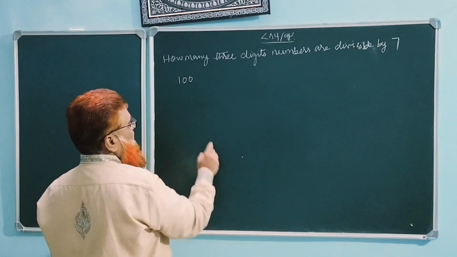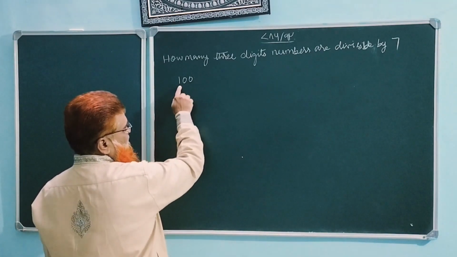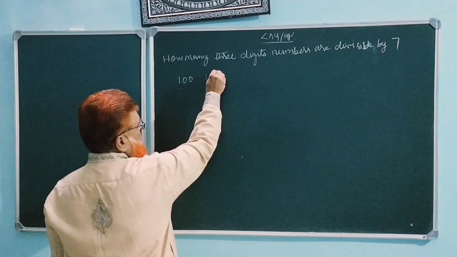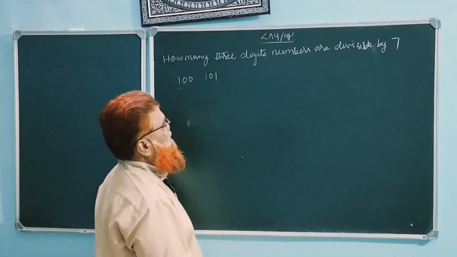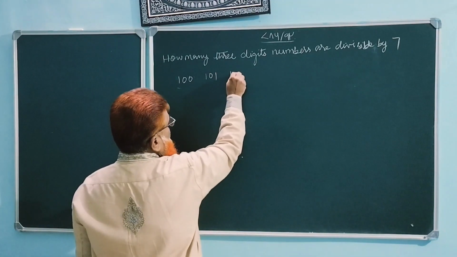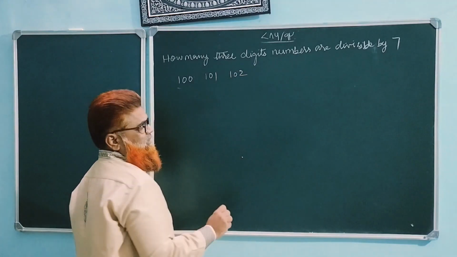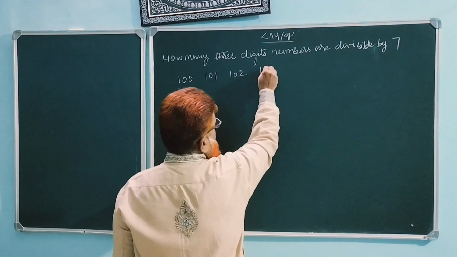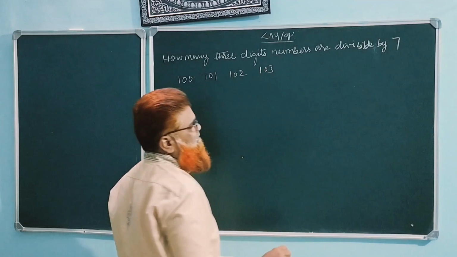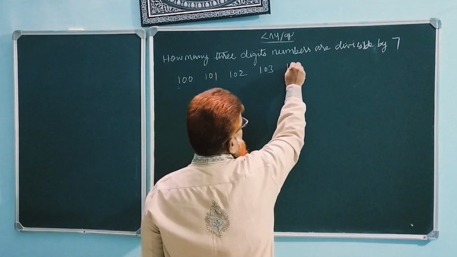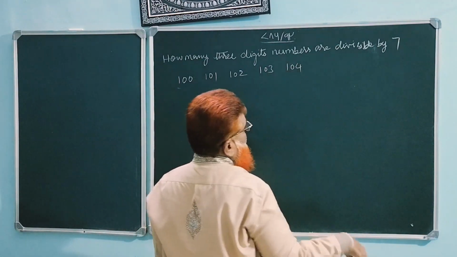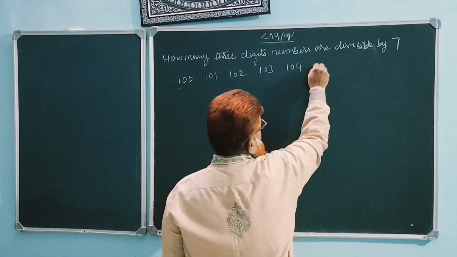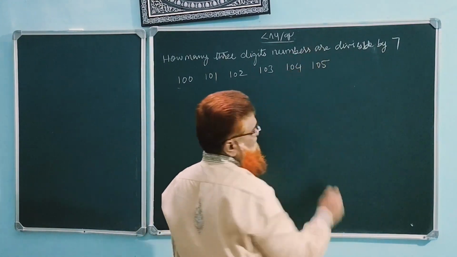Is 100 divisible by 7? No. Is 101 divisible by 7? No way. Is 102 divisible by 7? Also not possible. Is 103 divisible by 7? No. Is 104 divisible by 7? No way. Is 105 divisible by 7? Yes.